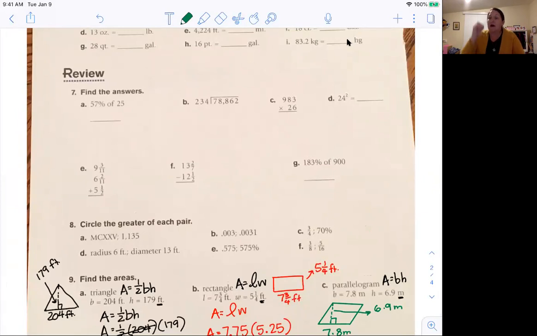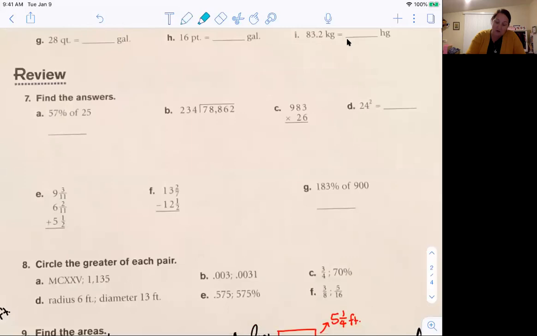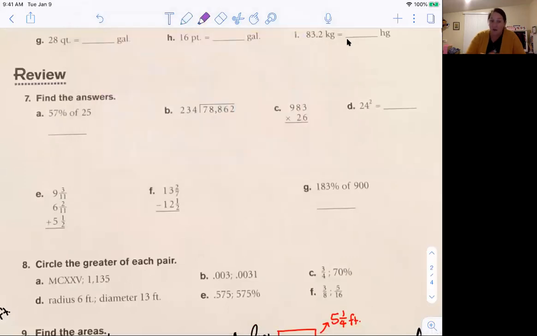Then go into Google Classroom and pick the one that is the correct answer. So if you don't get one of those answers, then you know that your answer is probably not correct. Okay? So your homework tonight is number 7: A, B, C, D, E, F, and G.